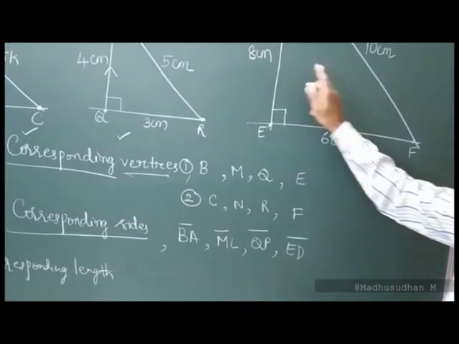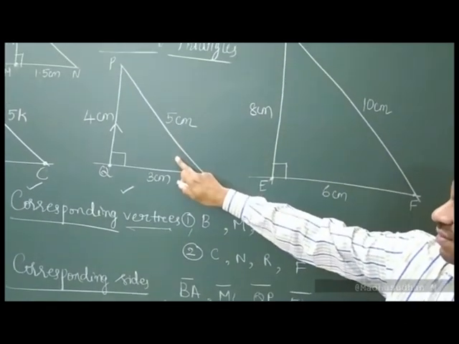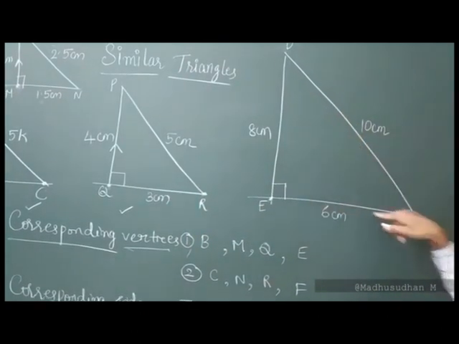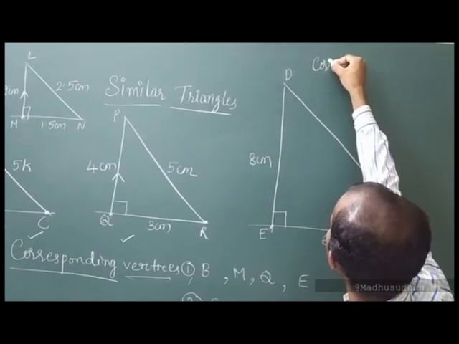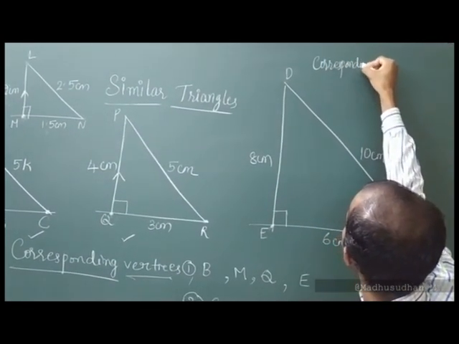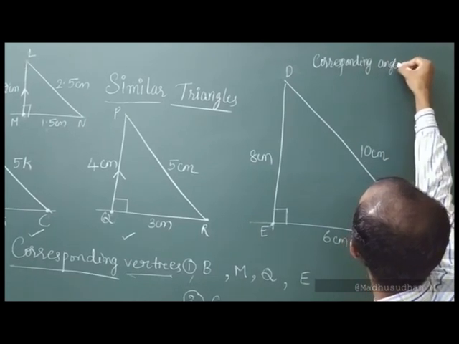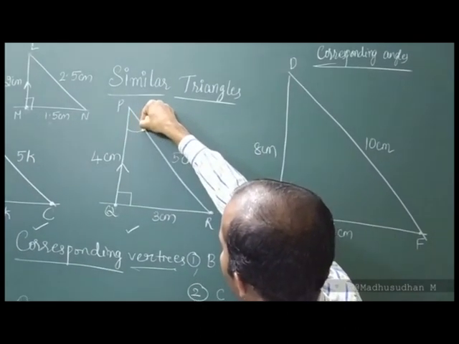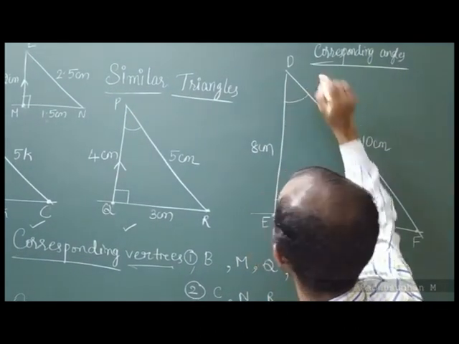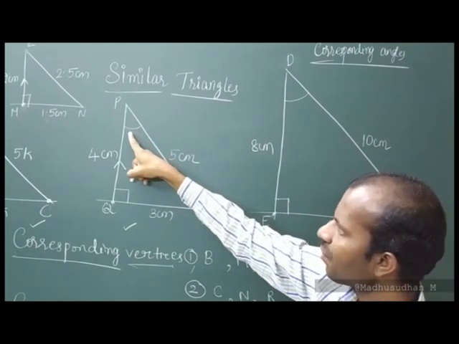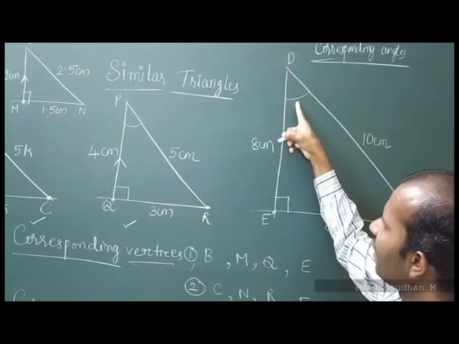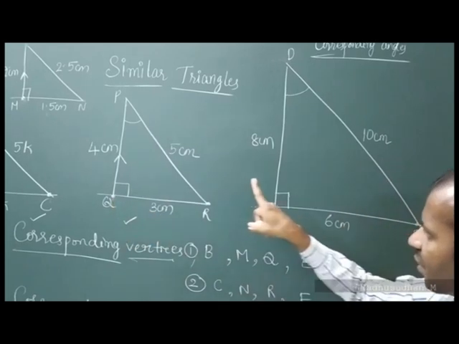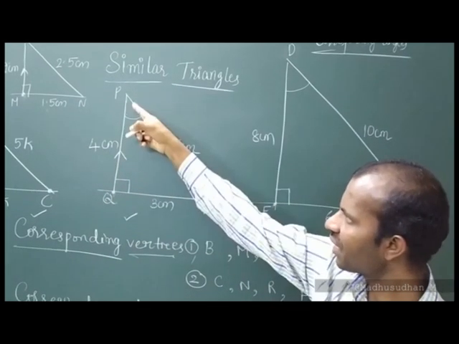Then now if I compare this right angled triangle PQR with this right angled triangle DEF, now corresponding angles. Please understand, if this is the corresponding angle for this angle in these two figures, I'll have to start with this vertex moving in the upward direction in this diagram.